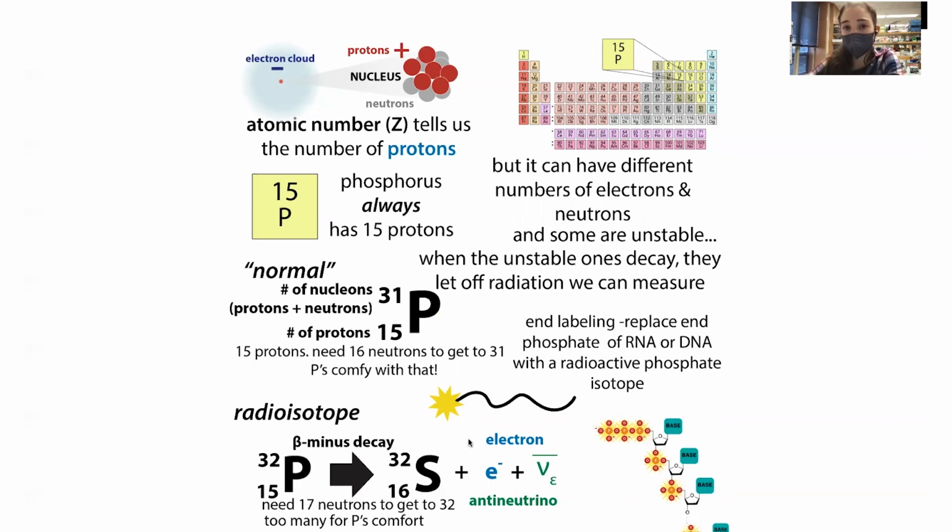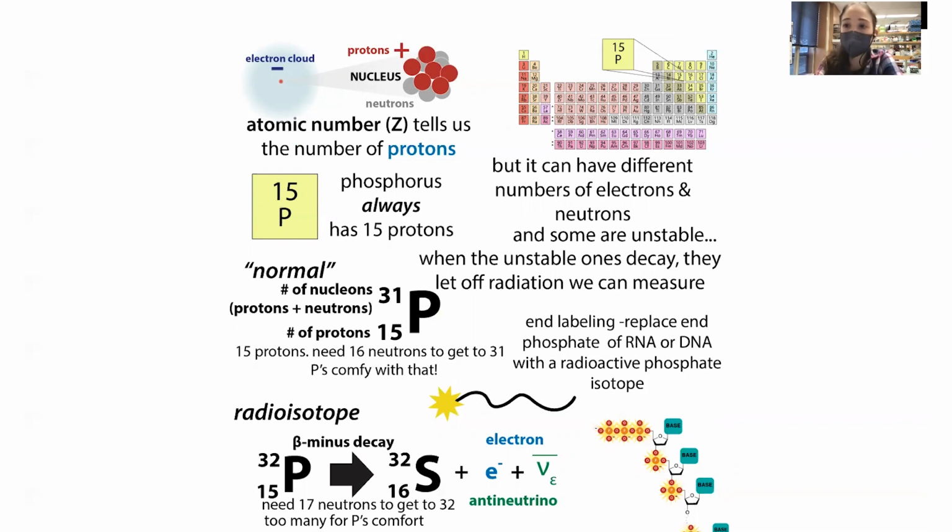It'll radioactively decay, and so this will give off signal. A lot of people nowadays use fluorescent labels for some things. Fluorescent labels can be great because you don't have to worry about the radioactivity, but they're less sensitive and also bulky. And so we still very often use radioactive labeling.